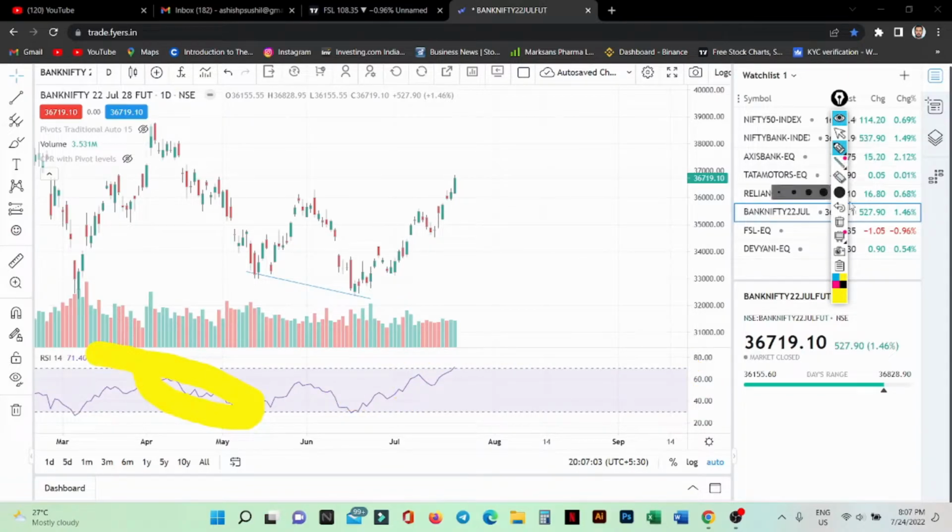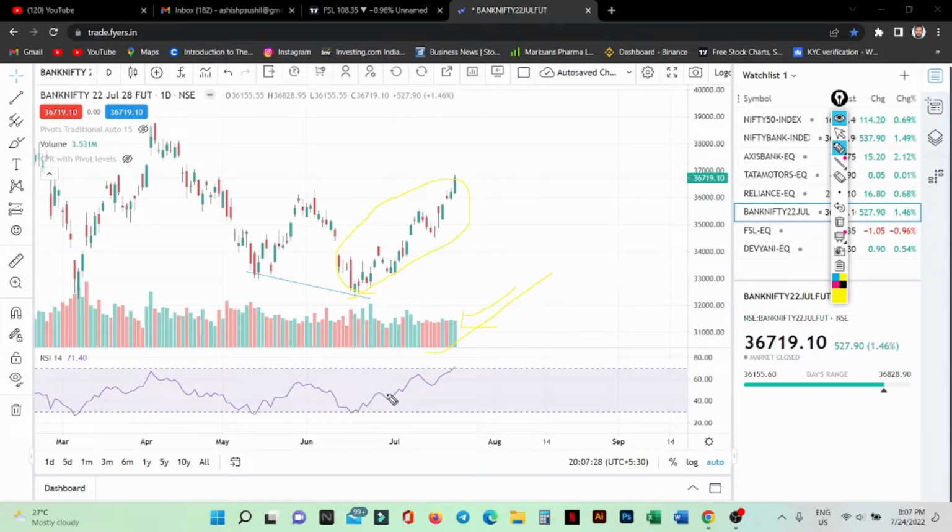Traders, we should never use the RSI indicator blindly. We should always club the RSI indicator with certain other indicators, or you can use price action, along with that, when you take a trade. This is the main thing that you should never forget. Never blindly use RSI.